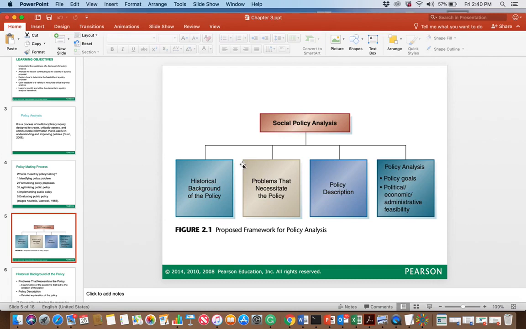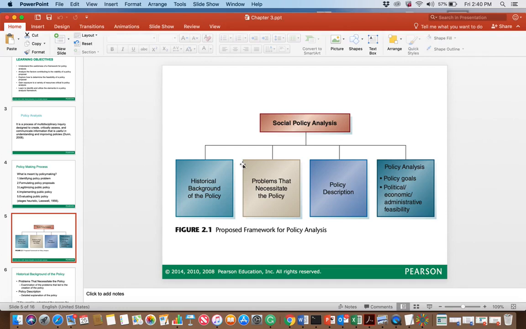The second piece of these logic models, if you speak, is look at the problems that necessitated that policy in the first place. What was happening at the time that a government or an institution decided to create a policy around that? So problem area is also very important.